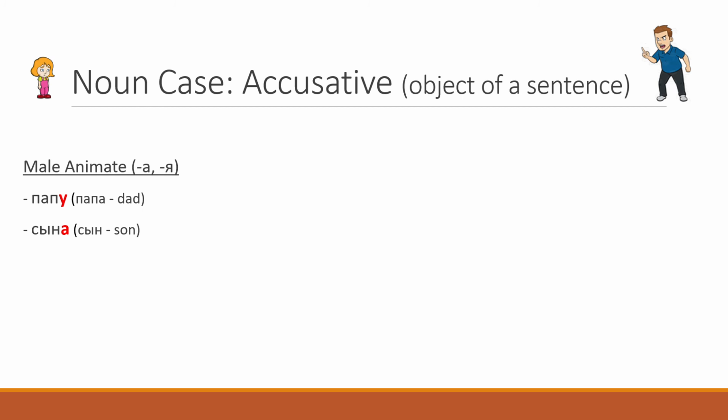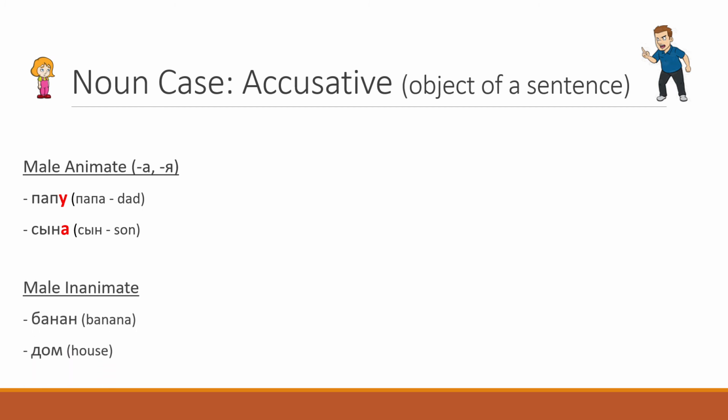In which case it is treated like a female noun. So all of the regular nouns like son, syn, becomes syna. But dad, papa, it ends in a, so it gets treated like female, it's papu. But for the most part, if it doesn't end in a, it's gonna get an a or a ya.